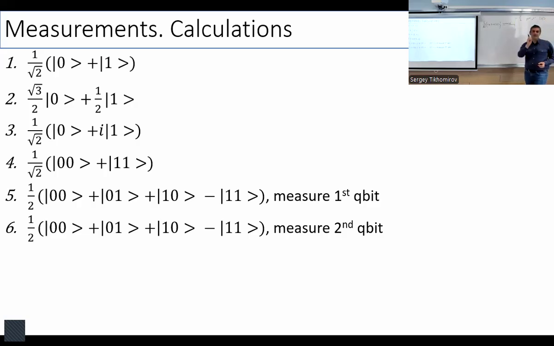Let us remember that the result of measurement has three elements: with which probability, which value we got, and in which state the system will be, because there is a future. So we need to know this state. In that case, the second outcome has probability 1/2: we get 1 and state 1.